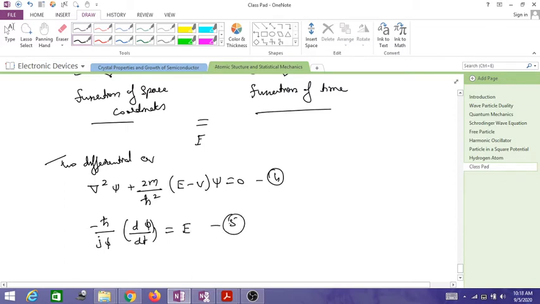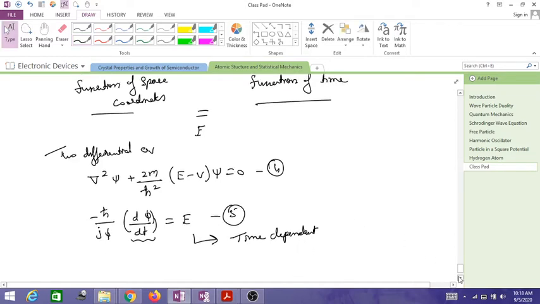Let us call this equation number 5, where E is nothing but the total energy of the particle. The second differential equation is the time dependent equation, because it is the derivative with respect to time t, therefore it is a time dependent equation.